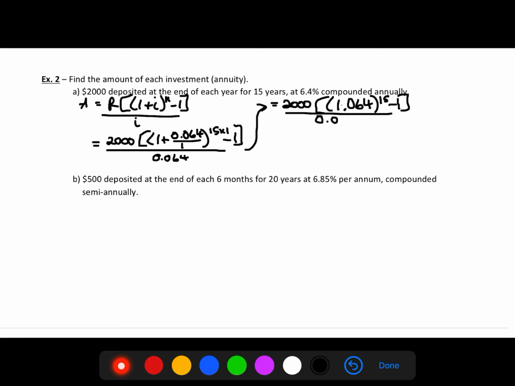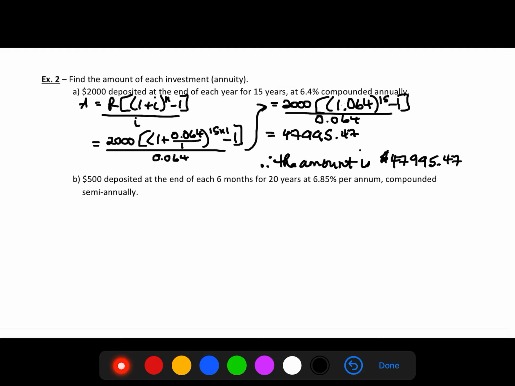Okay, so again, we can simplify. We're going to have 1.064 to the power of 15 minus 1 over 0.064. And when we do that, we get $47,995.47.